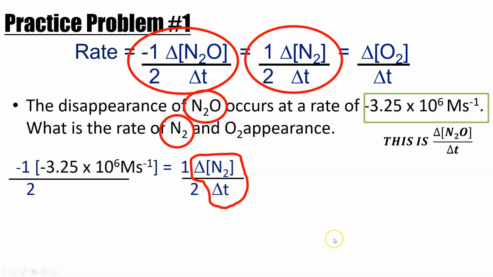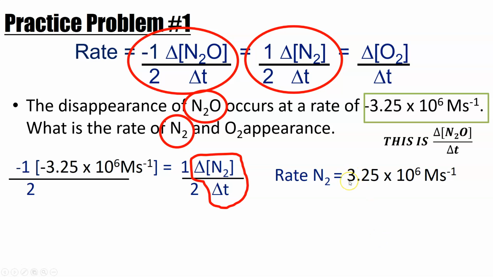So I like to remind people that when you're looking for the rate of a specific chemical, you are solving for the delta over delta part. All the junk on the outside has to get dealt with. You're solving for the little blob here that we circled. So when I'm all done, that is my rate of appearance.